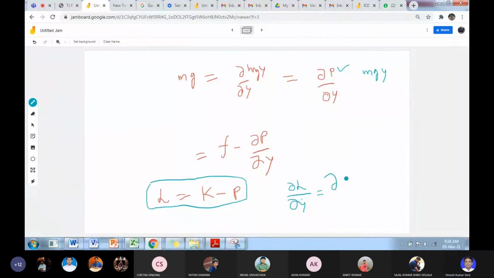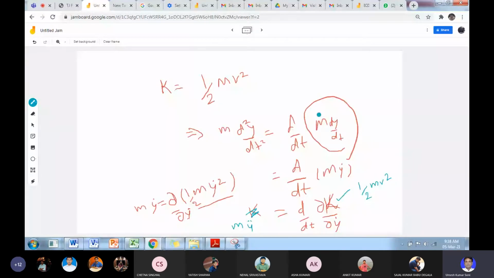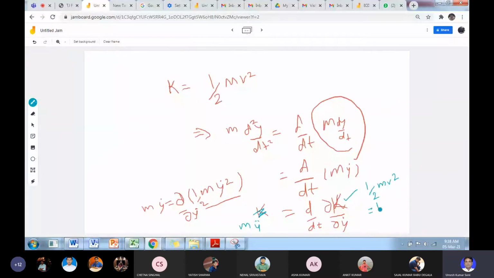Okay, so because kinetic energy has the variable y dot in its equation, here this is equal to 1 upon 2 m y dot square.